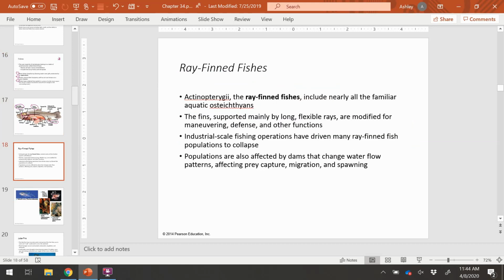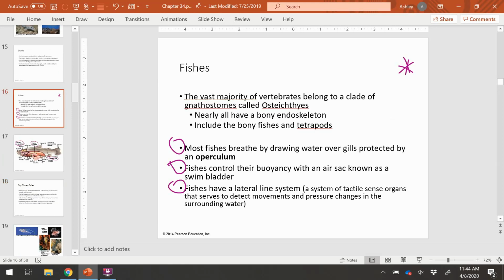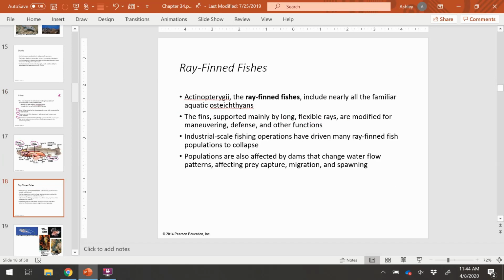And so looking at the groups, we have the ray-finned fishes, which are pretty much all the ones you're familiar with will be in this group. And so that's that they have the bony skeleton as their unifying feature, which I believe is on this first slide here. Bony endoskeleton is in the ray-finned fishes. All right.